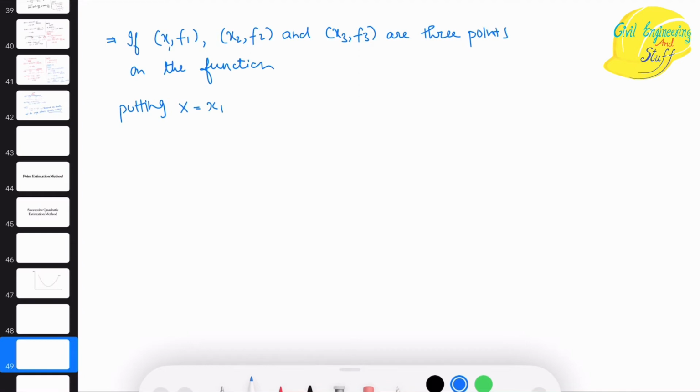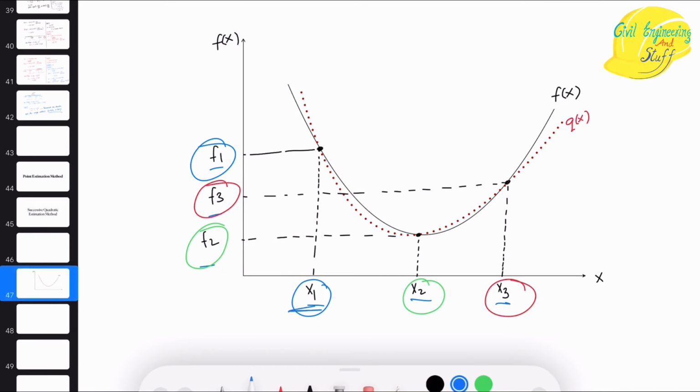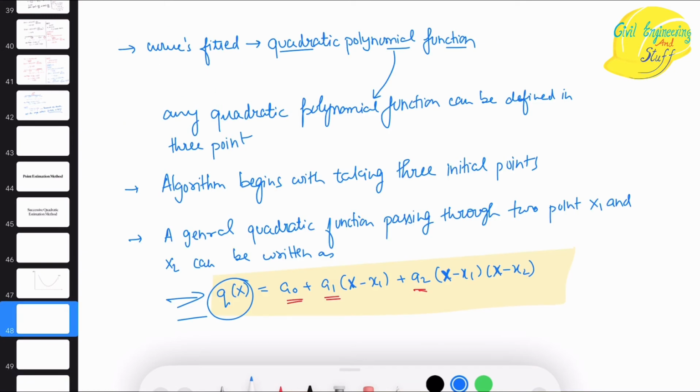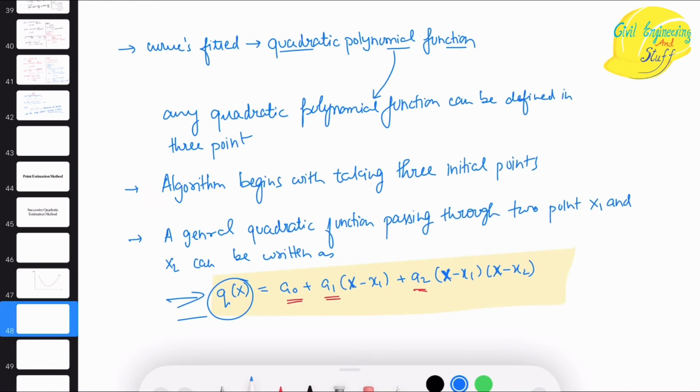Okay, so let us put x equal to x1 in this equation. So in this case our q(x) will become f1, right? So your f1 is equal to a0 plus a1 (x minus x1), here x is x1, right, plus a2 (x minus x1)(x minus x2).